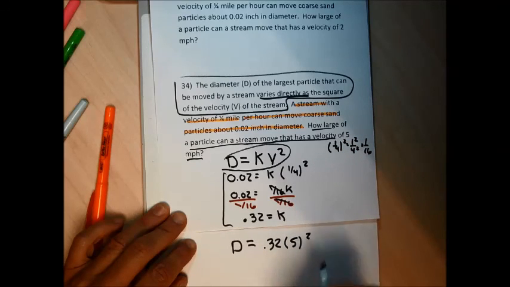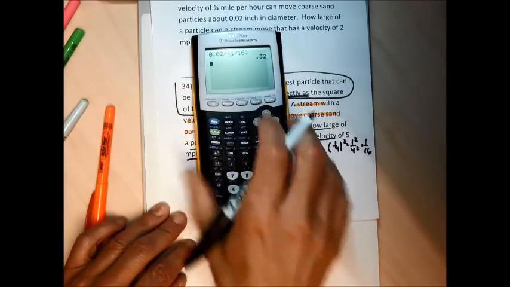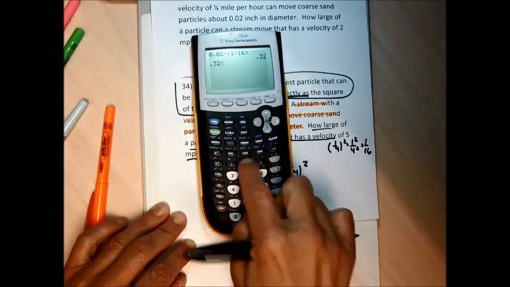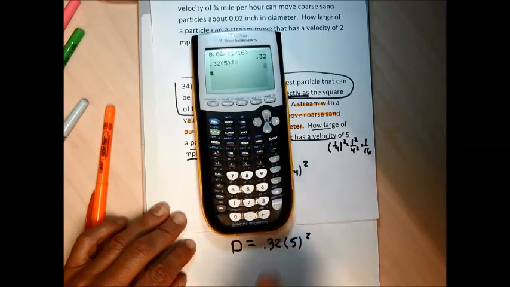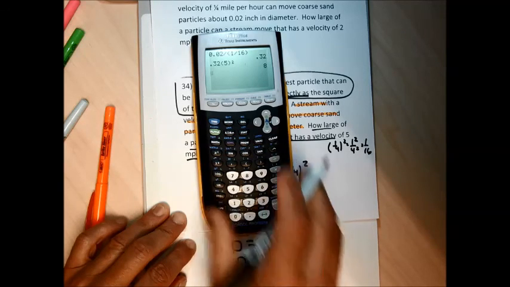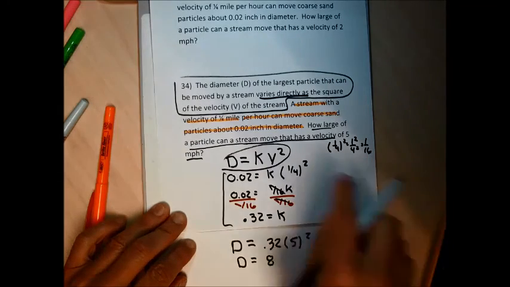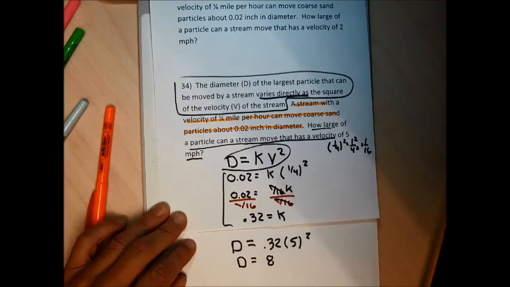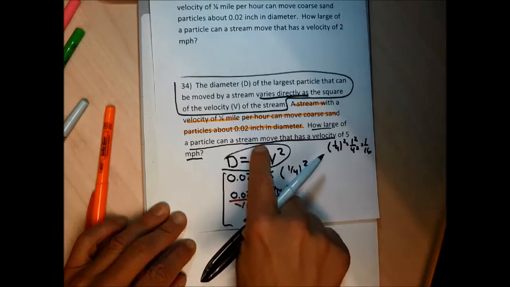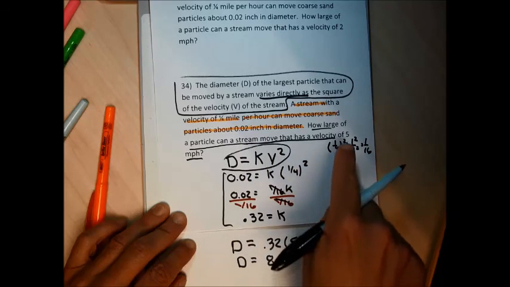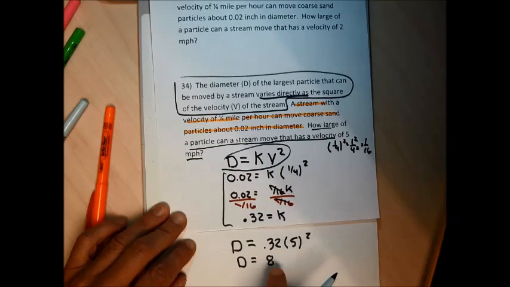So I'm going to find the diameter in inches of the largest particle that can be moved by going 0.32 times 5 squared, and that's 8. And I have to understand what the units are for that. That's going to be 8 inches. So a stream moving 5 miles per hour can move an 8-inch diameter particle.